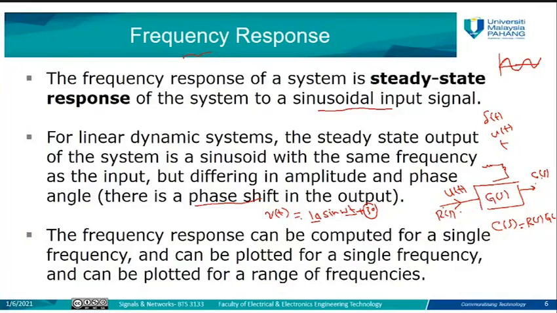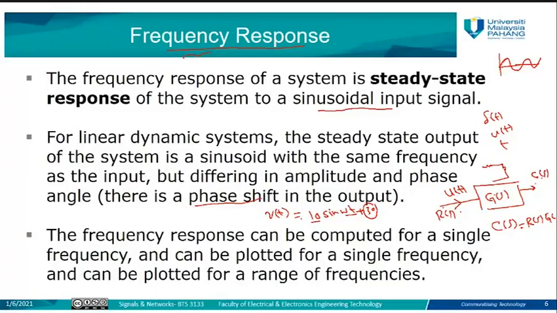In the case of the output, if we want to measure it, we will see how this system's components affect the input signal in terms of the magnitude and in terms of the phase as well. So when we talk about frequency response in this chapter, we are going to see two main variables. One we call the magnitude, and the other we call the phase. Both of them will be used to represent the frequency response of any transfer function of electrical systems.